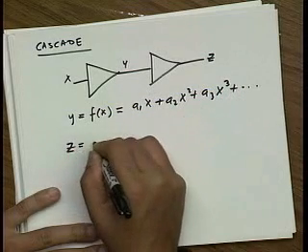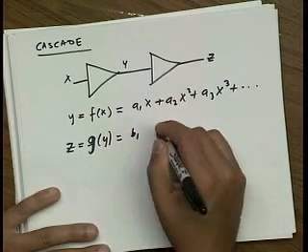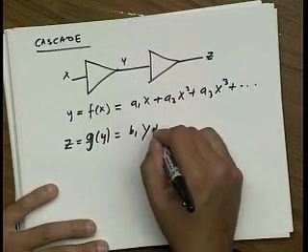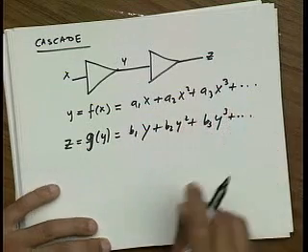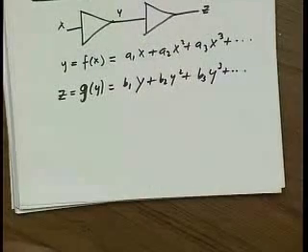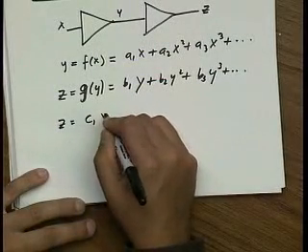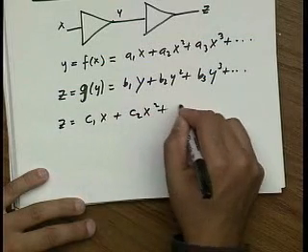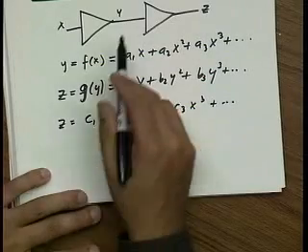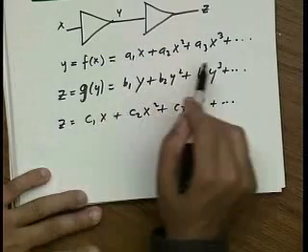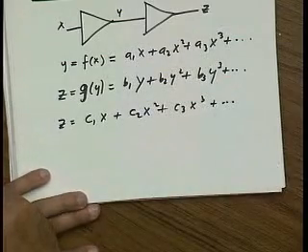And z is likewise, let's say, another function g of y, which we can call b1y plus b2y squared plus b3y cubed. What we're really interested in is z, let's say z equals c1 x plus c2 x squared plus c3 x cubed. Okay? So if I cascade these two systems, and I know the individual Taylor series expansions, what's the overall Taylor series expansion?